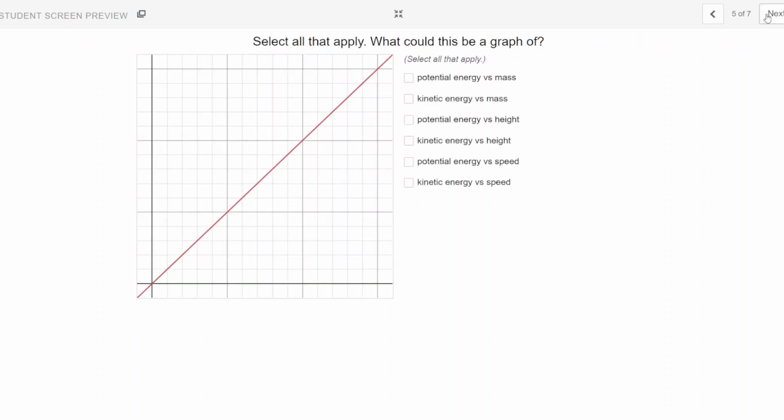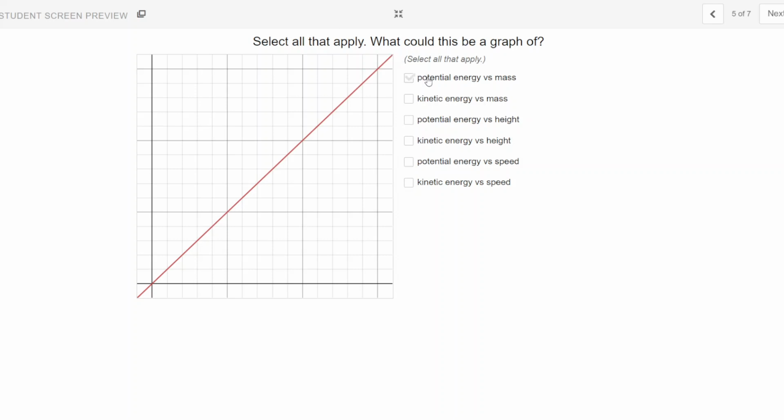Select all that apply. What could this be a graph of? Notice how on this graph, as the independent variable on our x-axis goes up, the dependent variable y also goes up. So we need to know which of these factors actually directly depends on the independent variable given.